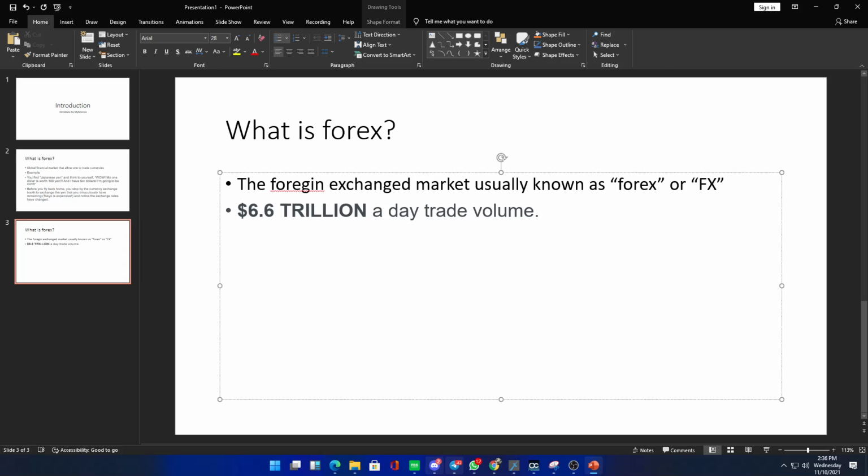6.6 is very high. So guys like us, we call ourselves retail traders. We don't give any impact to the market. Only central banks and maybe institutional traders will give impact to the market.